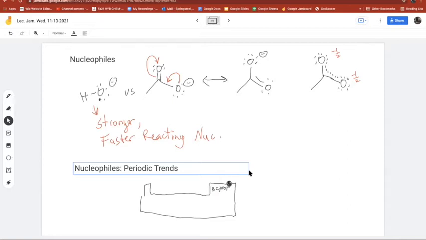All right, you got those ones right. It turns out nucleophiles get stronger this way, and they get stronger down. So nucleophilicity increases to the left and increases down.